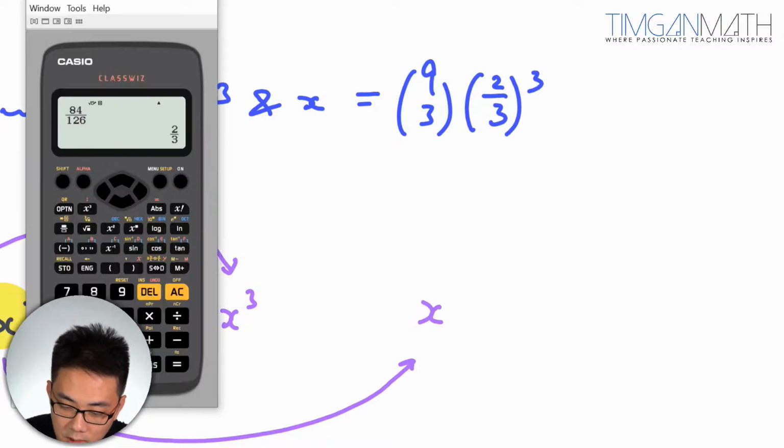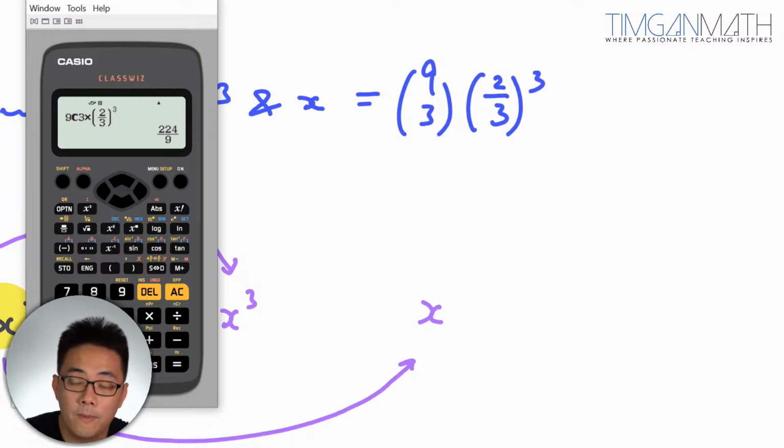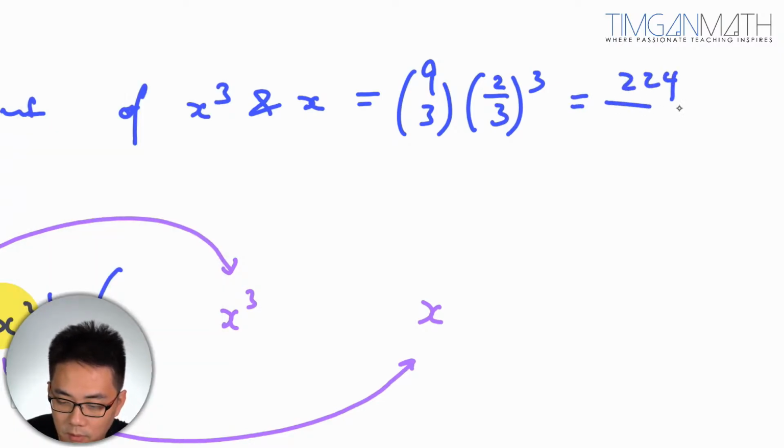So we just key this in: 9 choose 3 times 2/3 cubed. It'll be 224 over 9. Okay, 224 over 9. That's great.